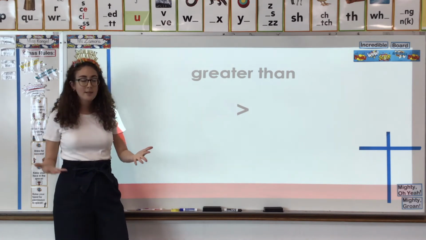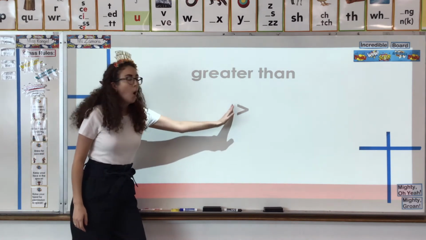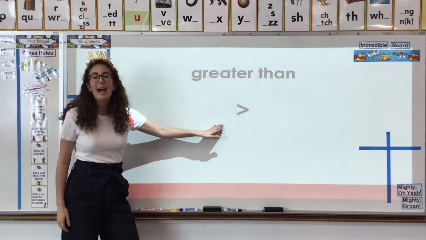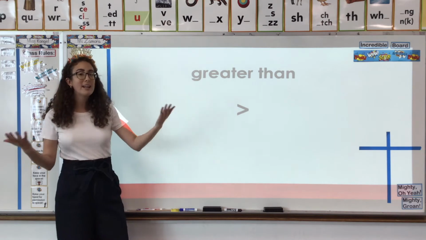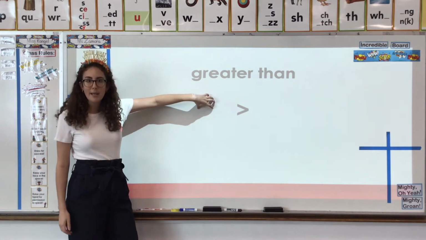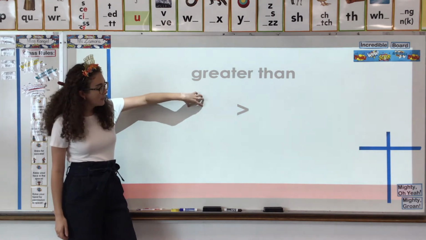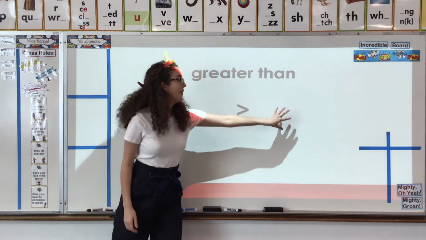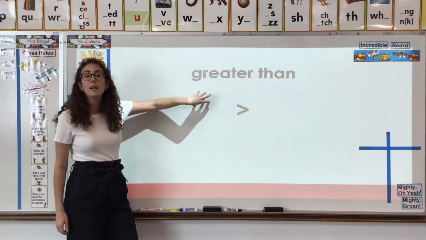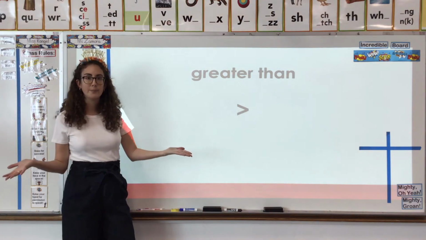That is because that opening always faces that bigger number. And when we're saying greater than, we're explaining that the first number is biggest. A number is greater than a second. So this first number is the bigger one of the two.